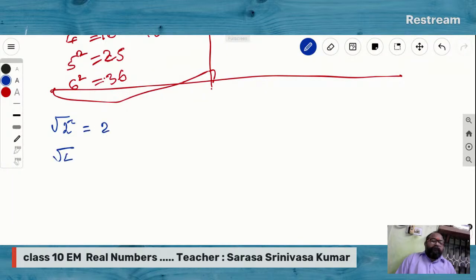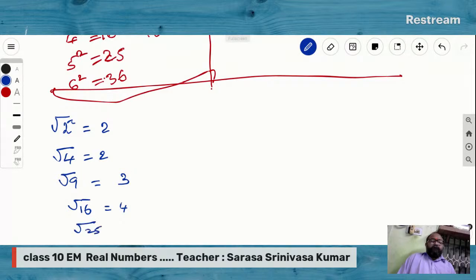Square root of 4 equal to 2. Square root of 9 equal to 3. Square root of 16 equal to 4.